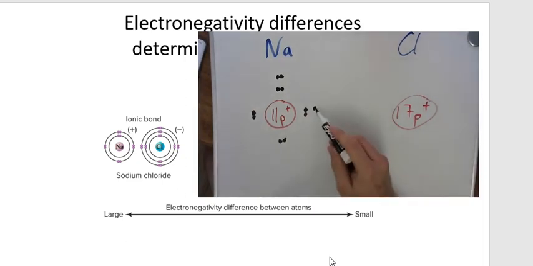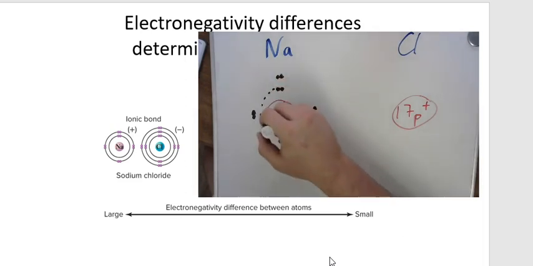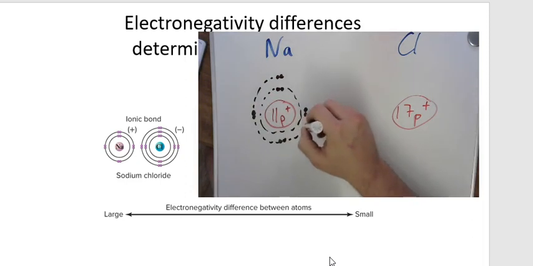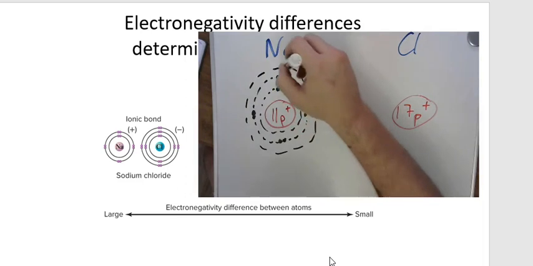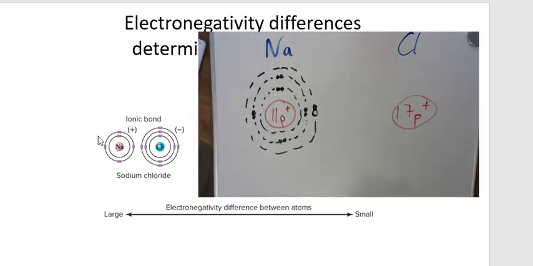You see now the 11th one is alone on the third shell. So I'm going to put the dotted line to help us visualize that. That one is alone and there's an empty vacancy next to it. You can maybe not see it clearly, but that's why I drew it.